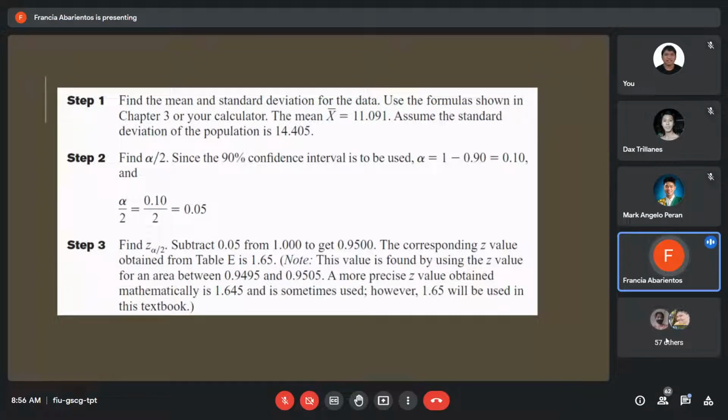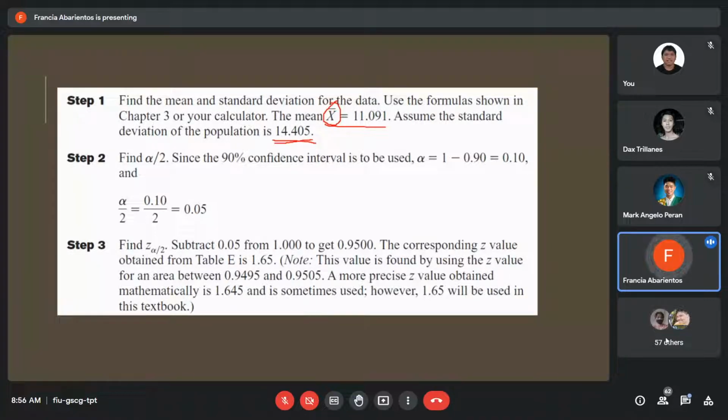First, we need to find the mean. Paano pagkuha ng mean? Sum up all those data divided by the number of data. We have the mean. And we have the standard deviation by computing that. Okay? Ito na yung makukuha nating standard deviation.